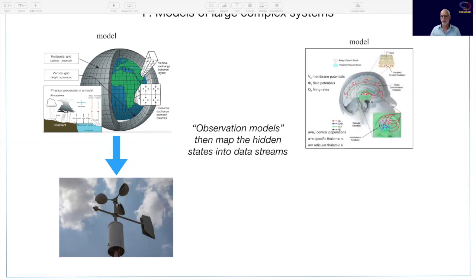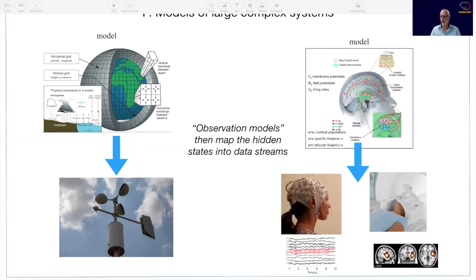So just as we do that for the weather, we have observation models for the brain. So we predict how neural activity maps into scalp EEG or into BOLD signal fluctuations. And actually, the science of developing observation models is just as important and just as challenging as the science of understanding the generative models.